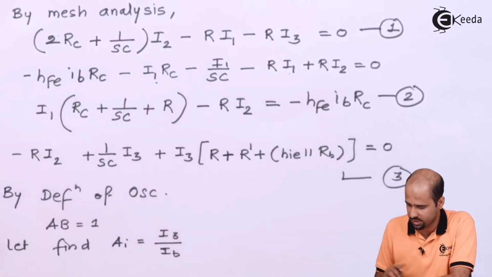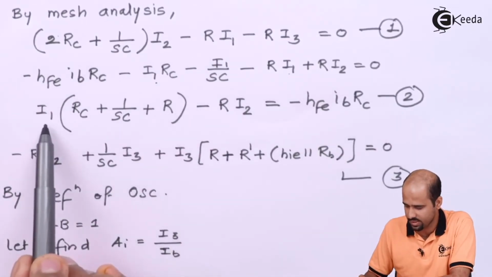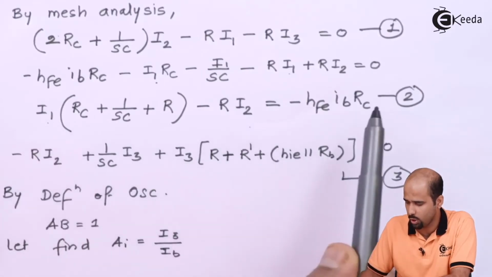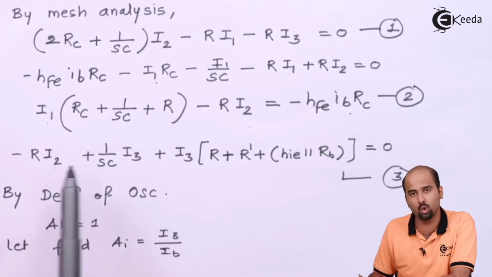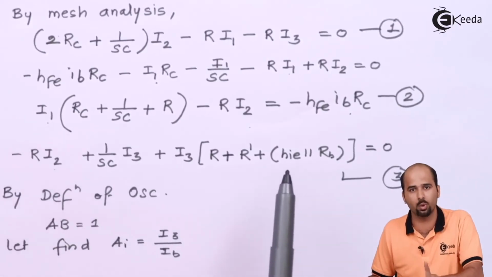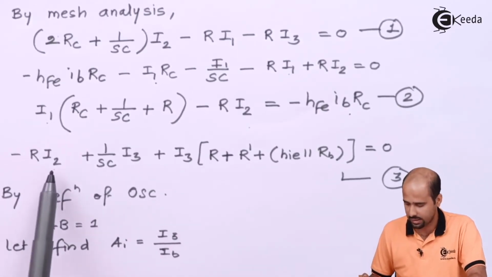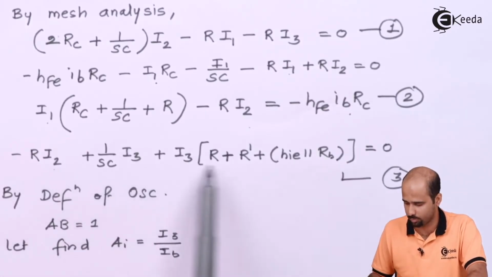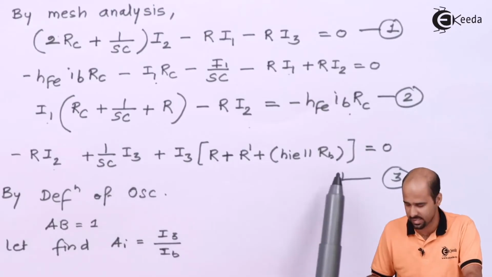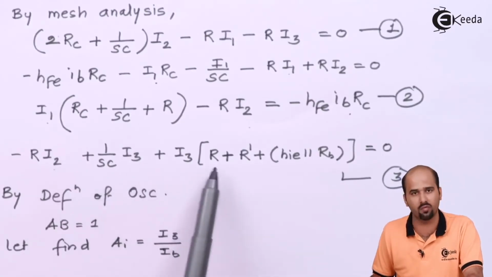So if you observe these three equations, this second equation is telling me the relation of I1, I2 and IB. The third equation gives me the relation between I2 and I3. Now the first step you have to take is to keep the value of I2 in the form of I3. So from the third equation, you will get I2 in the form of I3.